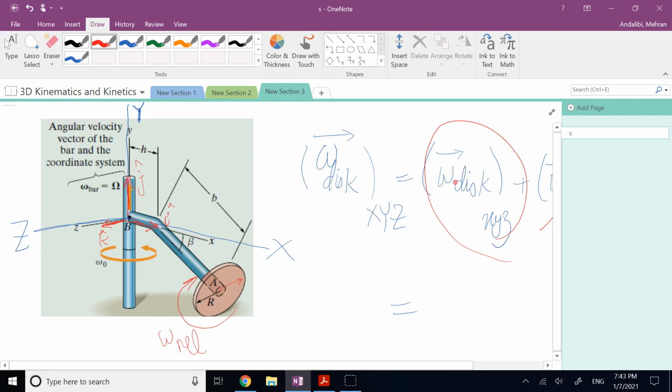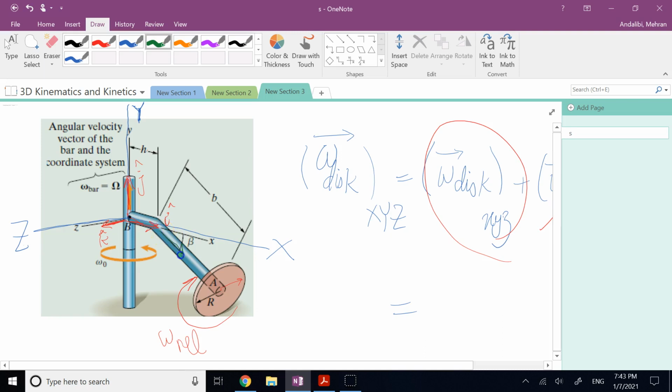Now, what is that? Well, this bent bar is on a plane formed by what and what? By x and y, correct? So it has this unit vector here, if I draw it for you.